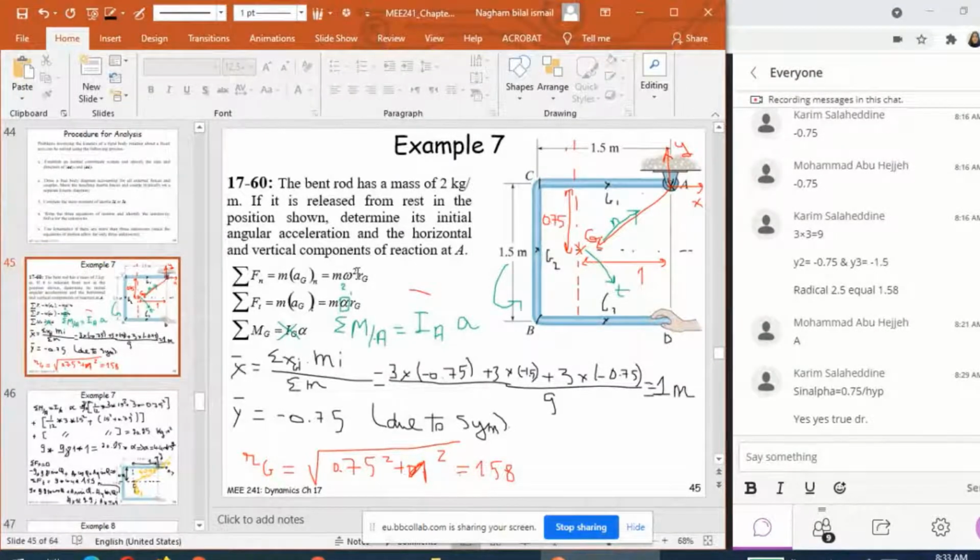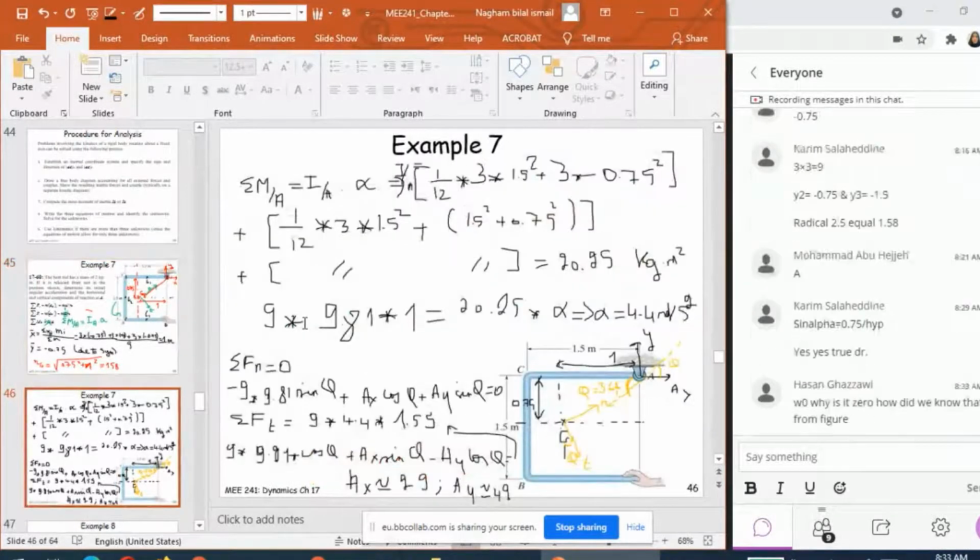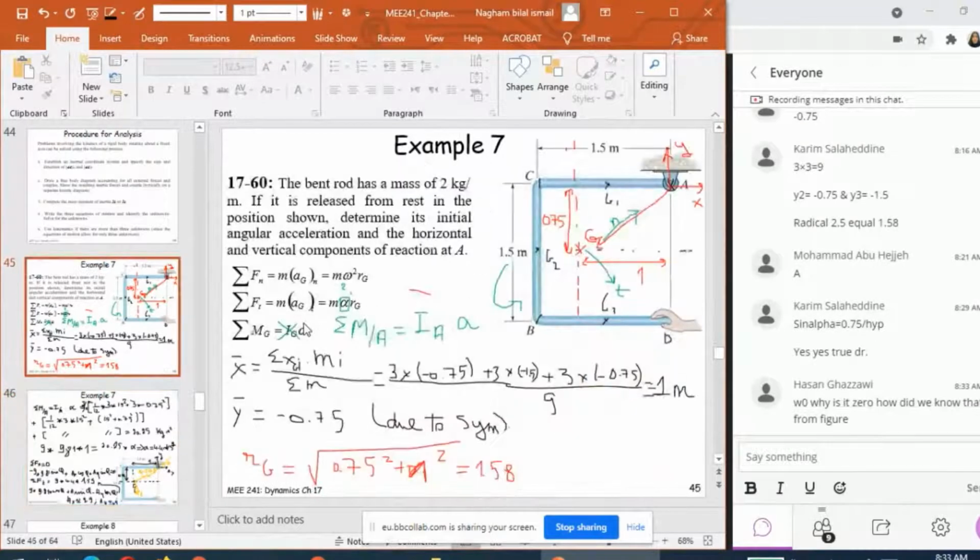And then you find the third equation, which will be in terms of ax, ay, and alpha, so that you have three equations, three unknowns. But it's much easier, guys, to take the sum of moments around A, since ax and ay will vanish, so that I can find from this equation directly the angular acceleration, and then you can find all other unknowns.